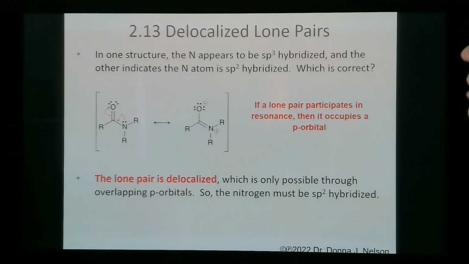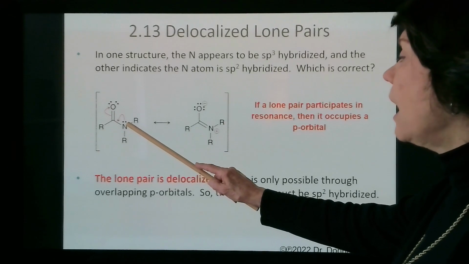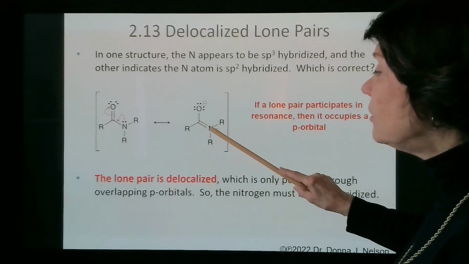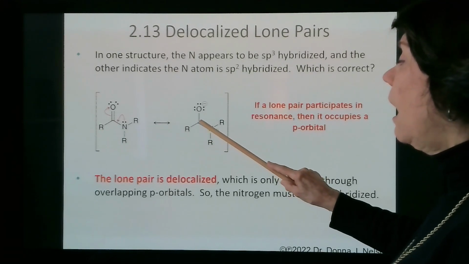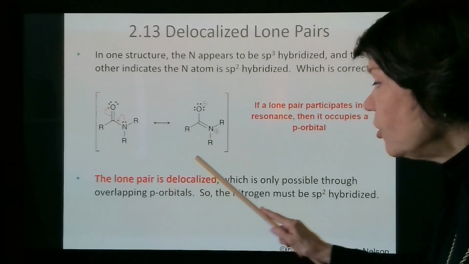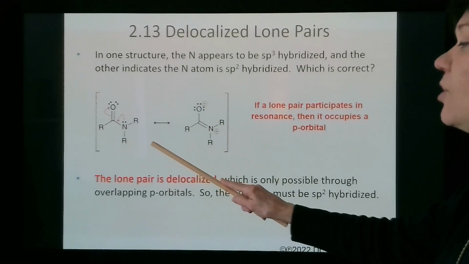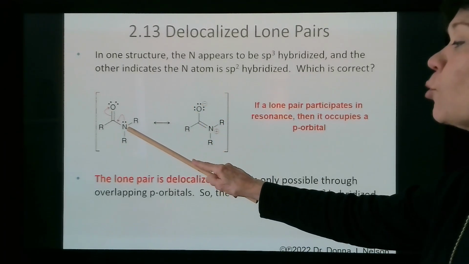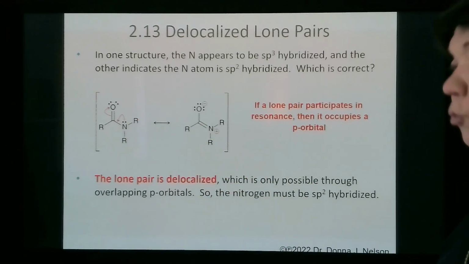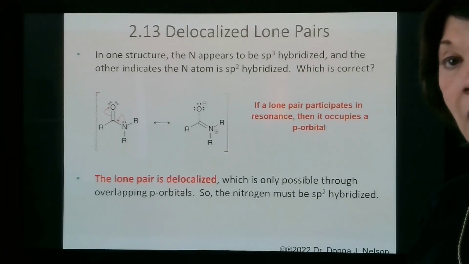In one structure, nitrogen appears to be sp3 hybridized. In the other one, it appears to be sp2 hybridized because it's involved in a pi bond. However, remember that the actual structure that is represented by these 2 resonance contributors can only have one structure.